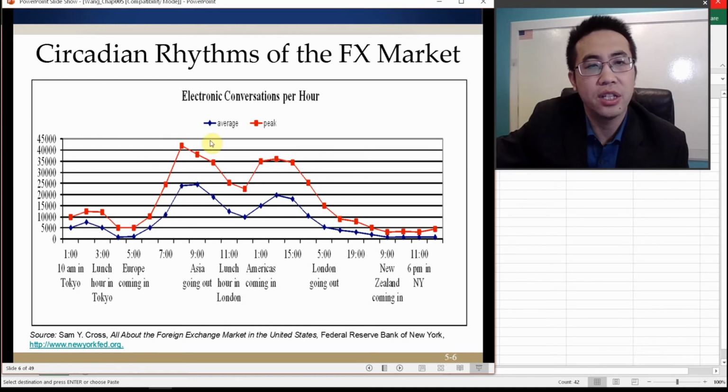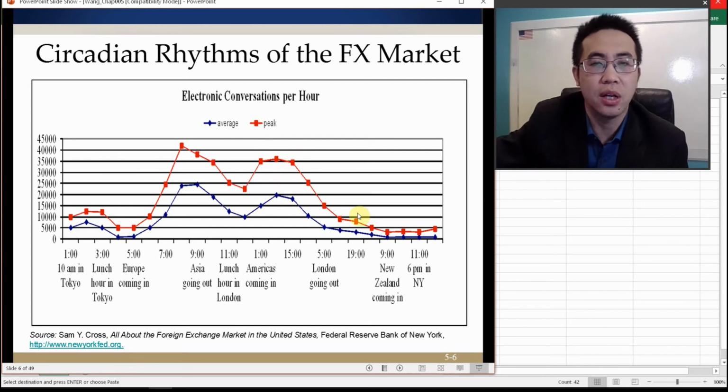And then the Asian people are going out, and it's lunchtime in London. The trading volume declines, and after that, Americans step in and keep trading. So this second peak right here includes the trading from Americans and the Europeans.